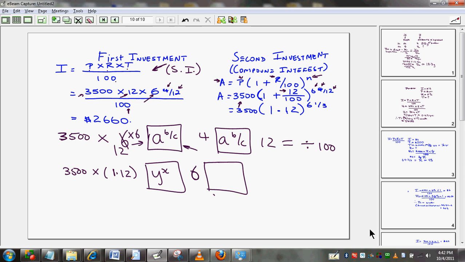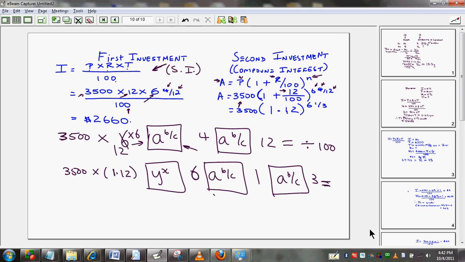So you punch in a and b over c. So that's 6 and 1/3. So you're pressing the 1 to get the third, a and b over c again, and then 3. That's how you're going to get your answer. Then you punch in the equal sign, and you're going to get your answer.